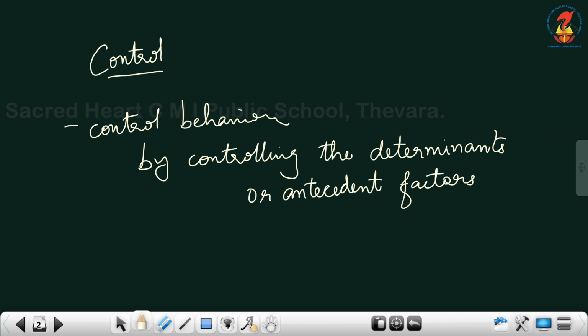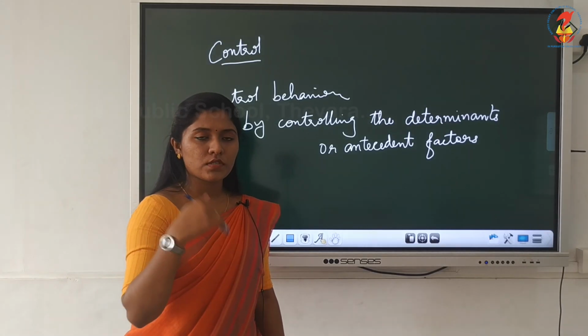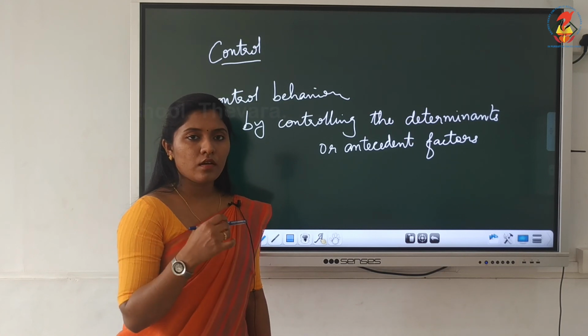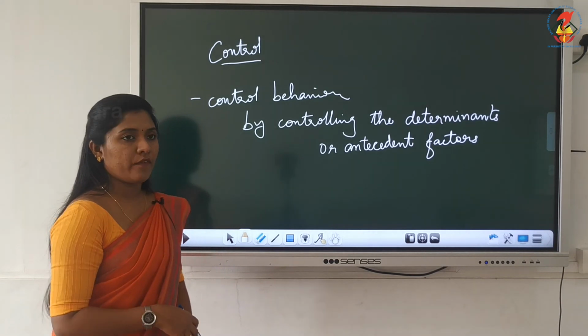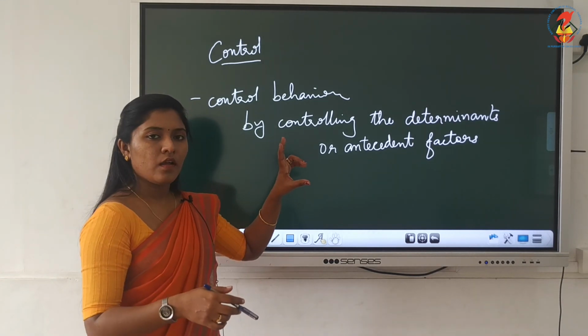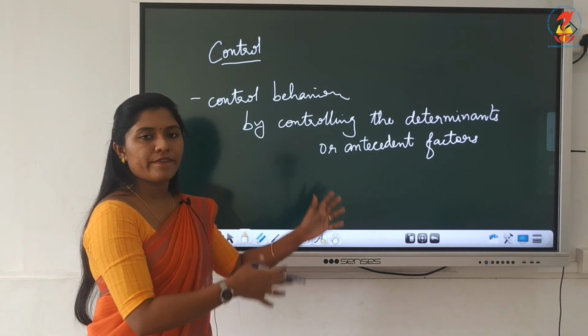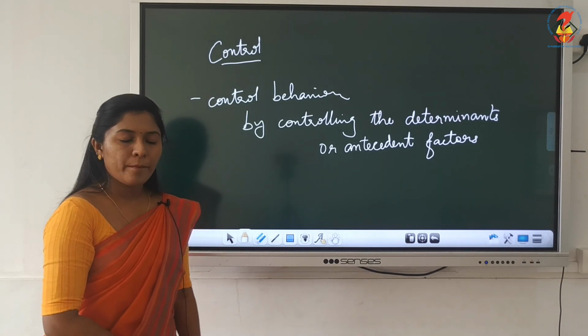Suppose, for example, you are studying smoking habit. Now the psychologists know when that particular person will smoke, what are the causes of that particular behavior. Then you can control those causal factors, and then you can control that behavior.